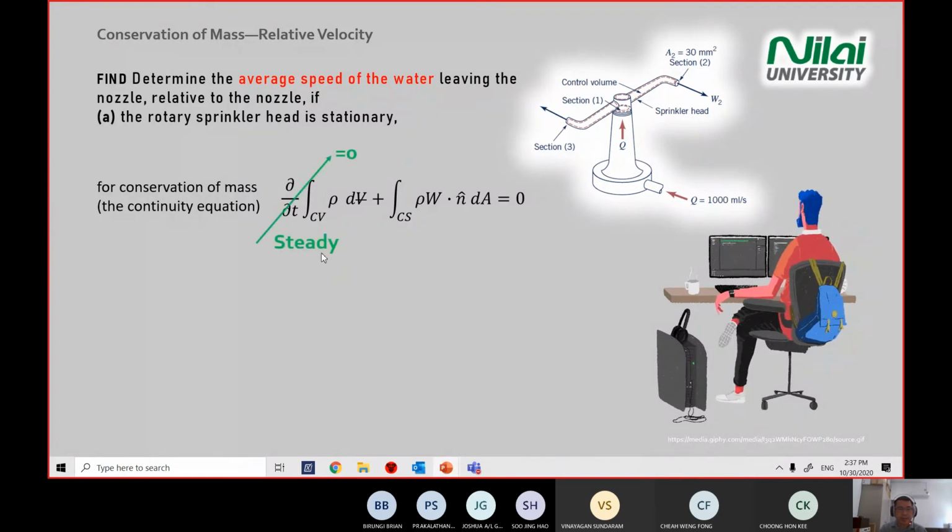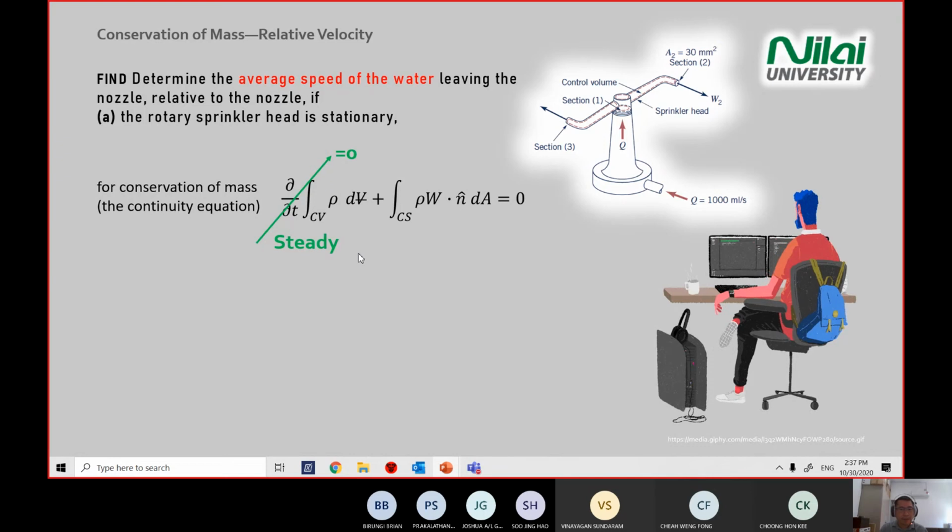Because it's steady, we cancel the first term, which equals 0, and write down steady. By writing this in your answer, you get some marks, usually 1 mark for this small note. It shows that you understand what happens to the continuity equation when you have a steady flow. This is also one of the learning outcomes, one of the expectations from you.